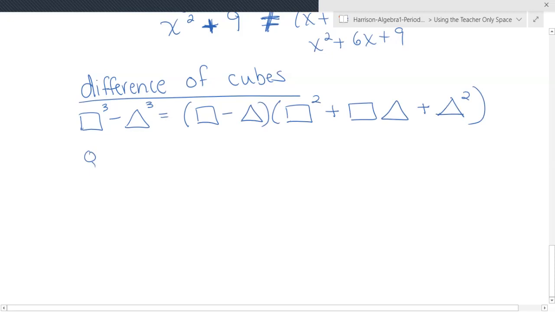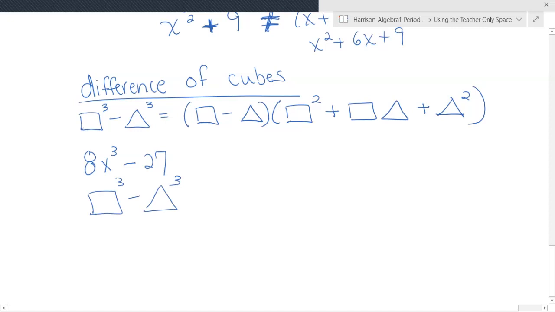Suppose I have 8x cubed minus 27. First step is to see if we can rewrite this in that form. In other words, can we rewrite this as something cubed minus something cubed? Well, the second one is the easiest.